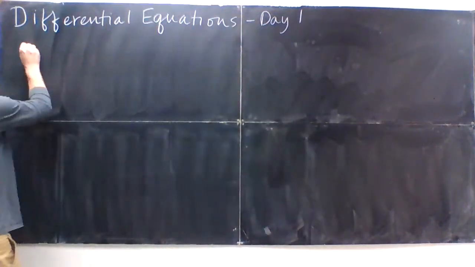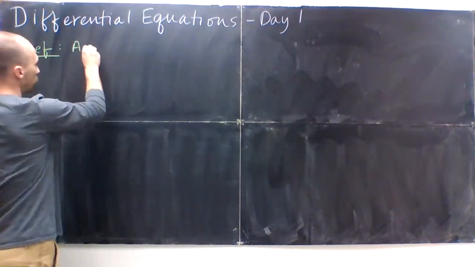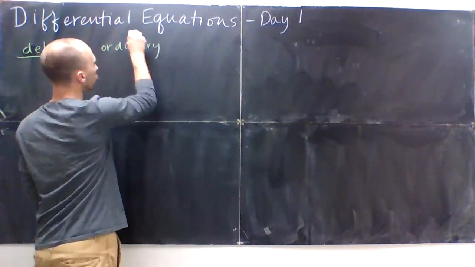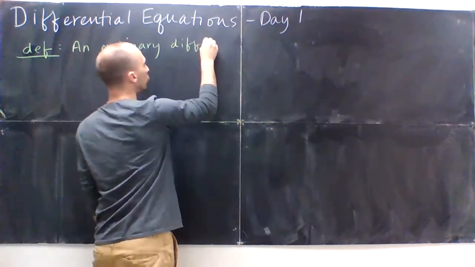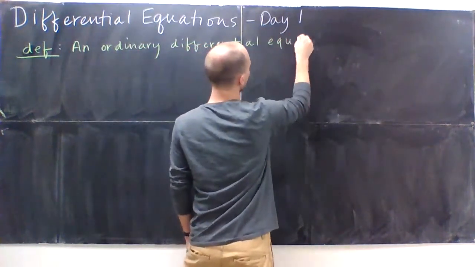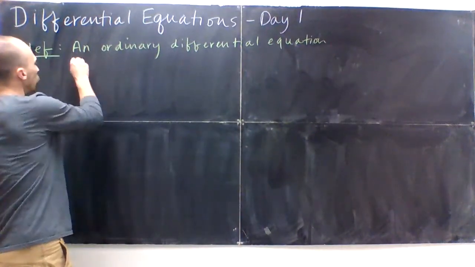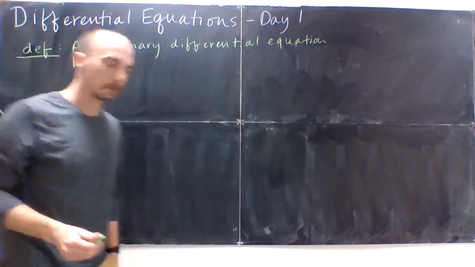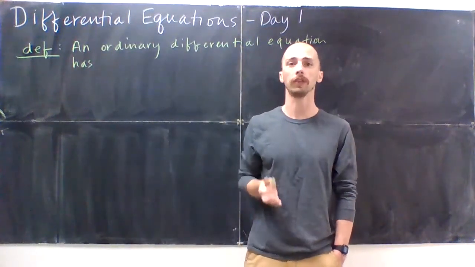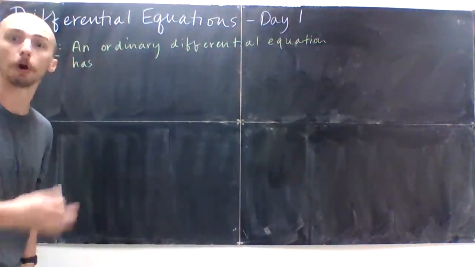But I'm going to say that an ordinary differential equation has the form, where what makes it ordinary is the fact that its solution is a single variable function. Okay, that we're not given a partial derivative. That would be a partial differential equation.